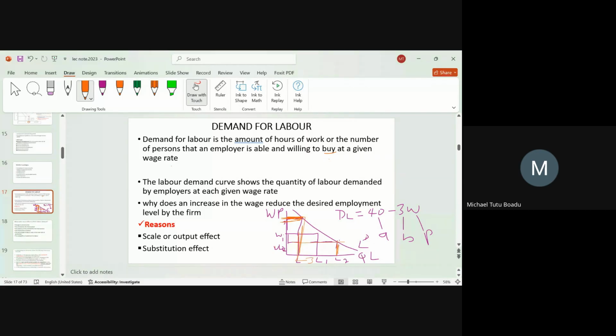So the reason why firms will reduce the desired employment level is because of the scale or output effect and the substitution effect. Anytime the wage rate increases, the scale effect or output effect is that an increase in the wage rate is going to increase your cost of production. Once the cost of production increases, then you have to reduce the output that you produce.